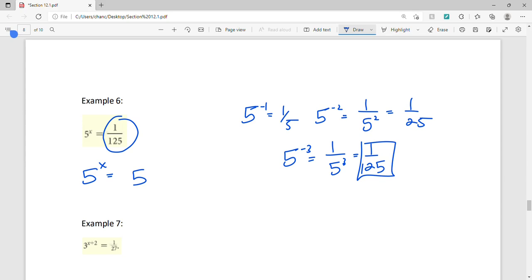So I can write 5 raised to the x is the same as 5 raised to the negative 3. Since the bases are the same, what can we say about the exponents? They're also the same, so x must be equal to negative 3.